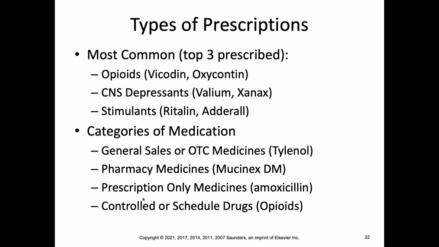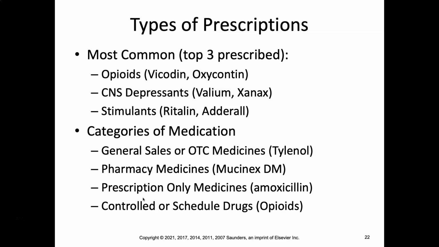Any of the ones we talked about above, the CNS depressants, the stimulants, those types of things. Unfortunately, opioids and those CNS depressants, and I'm not sure about the stimulants, we'll find out when we get to that point, also fall under what's called controlled or scheduled drugs. And we will talk about those. I'm trying to see which week we will get there. Next week. Week 4, sorry. Got excited.